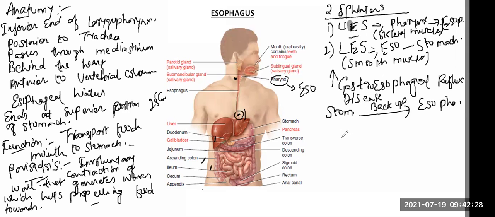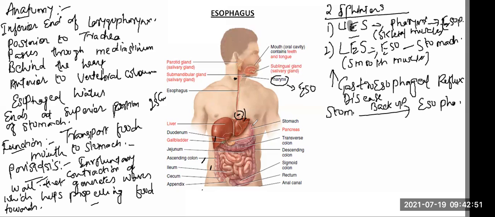You know that you have acid in the stomach. So due to this backing up of contents from the stomach into your esophagus, you will feel a burning sensation near your heart, because the esophagus, in its anatomic position, has the heart behind it.